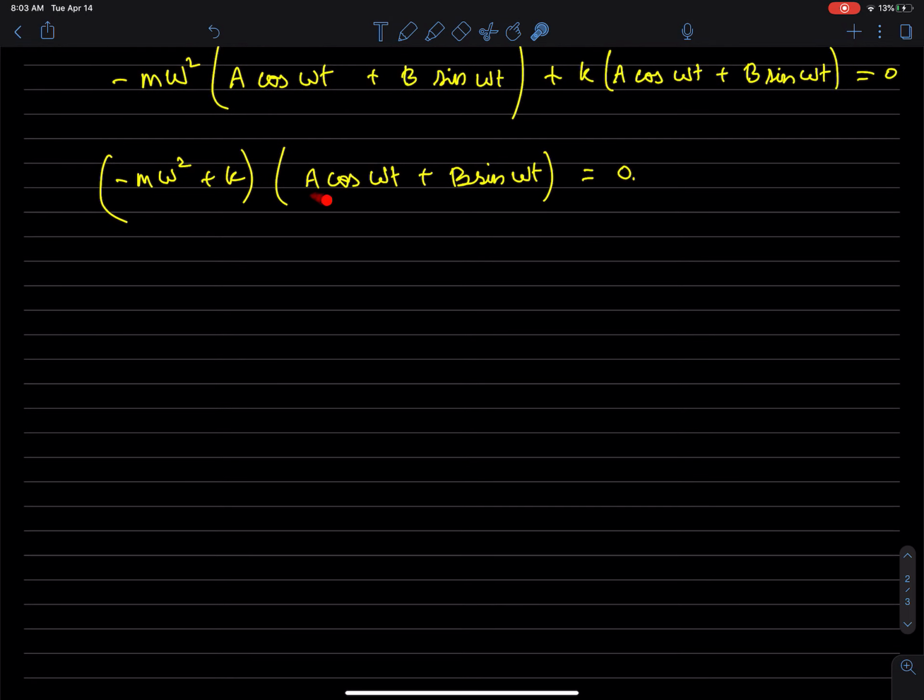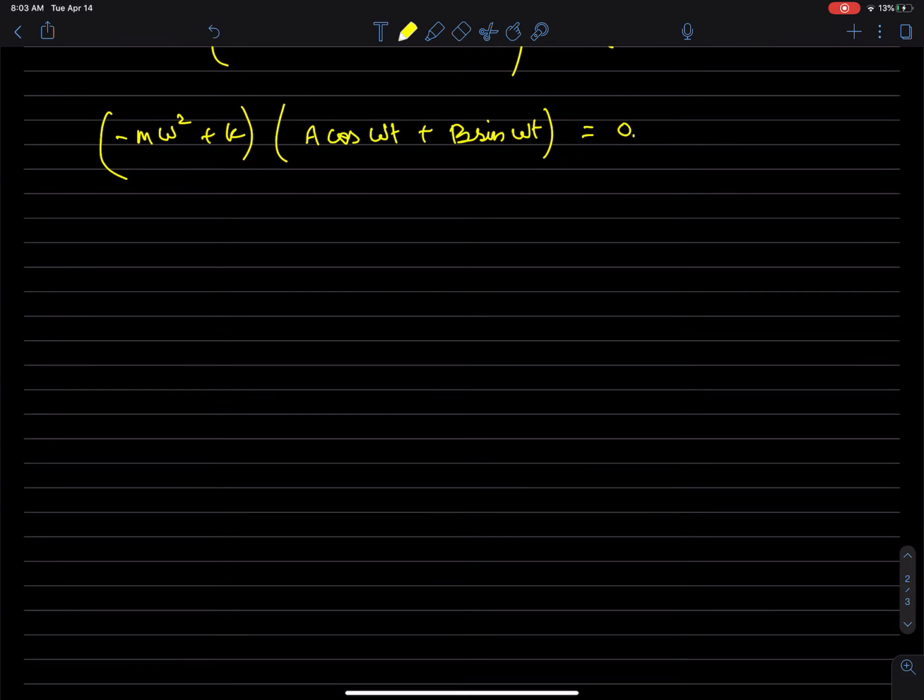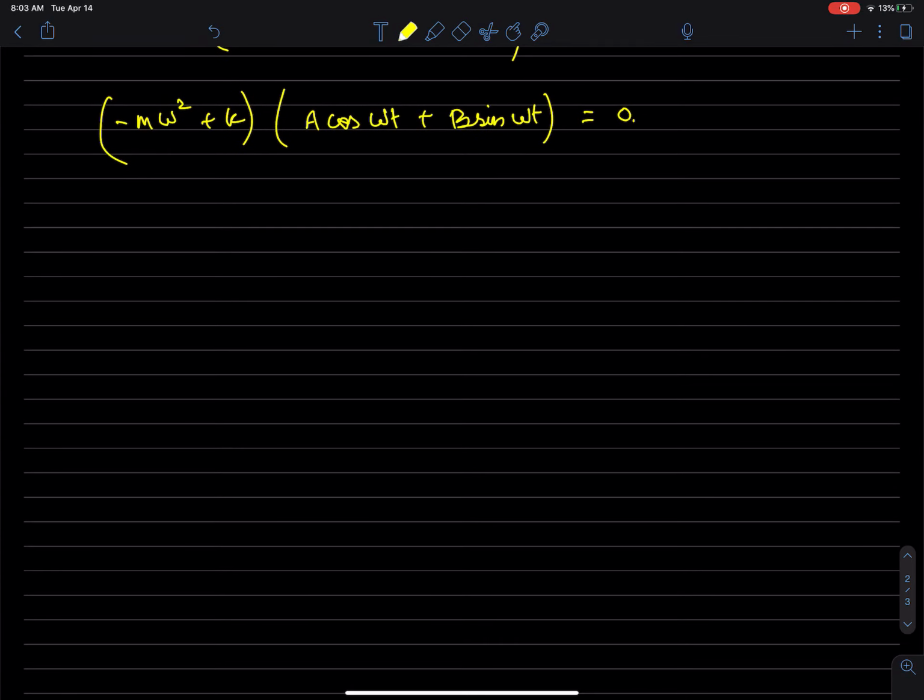So this quantity cannot be 0 unless the object is literally sitting there and not moving. That is clearly a solution, but it's not the general solution. So for the general solution, this cannot be equal to 0, but this has to be equal to 0, at least for this assumed form of the solution. So this implies k minus m omega square equals 0.